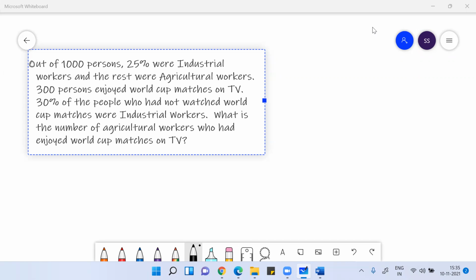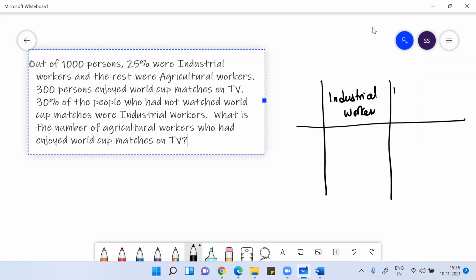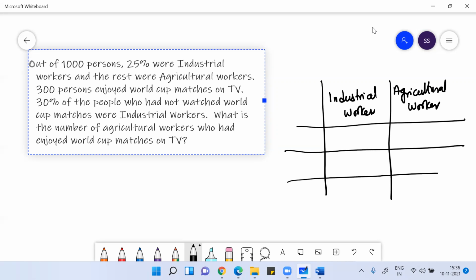So, how to solve this question? Here, if you see, you have 1,000 persons, and 25% of them are industrial workers. I can take the help of tabular presentation. I can make a table with industrial worker and agricultural worker, so two kinds of workers. The total is 1,000. 25% of 1,000 is 250, which are industrial workers.